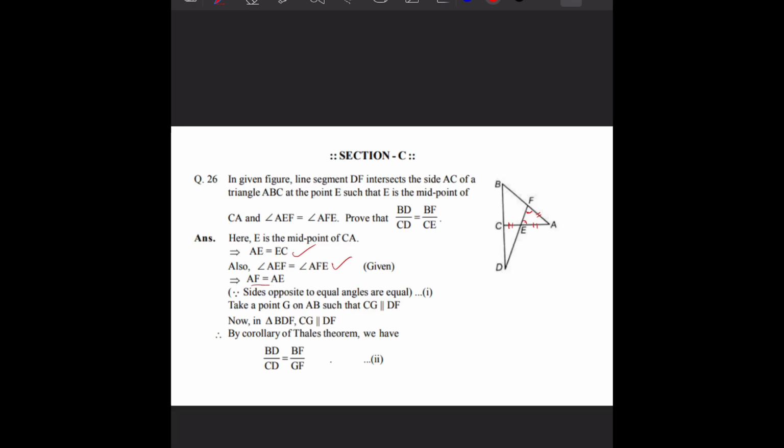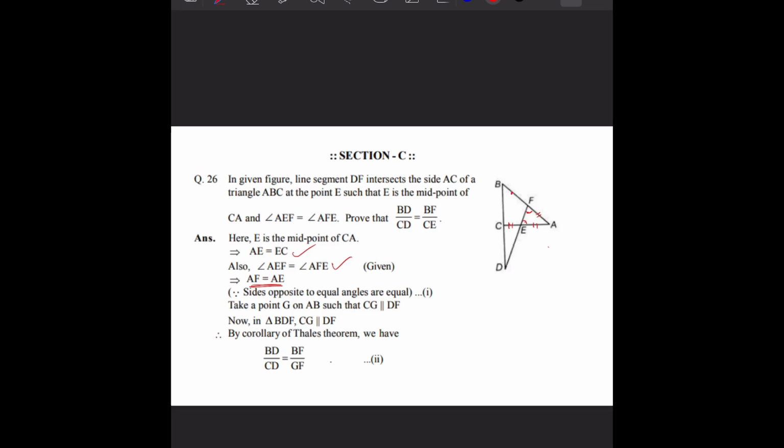Why AF equals to AE? This small triangle will be an isosceles triangle, and in an isosceles triangle, the sides opposite to equal angles are equal. That is AF equals to AE. Take a point G on AB such that CG is parallel to DF.